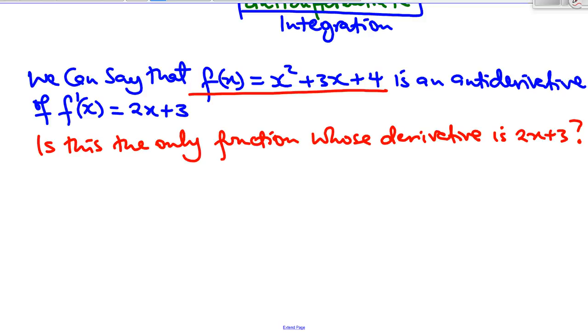So what we're asking ourselves here is, is this the only function whose derivative is 2x plus 3?